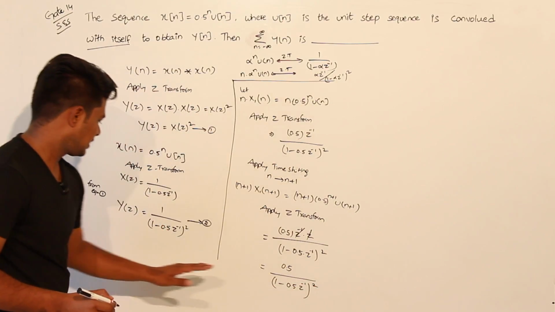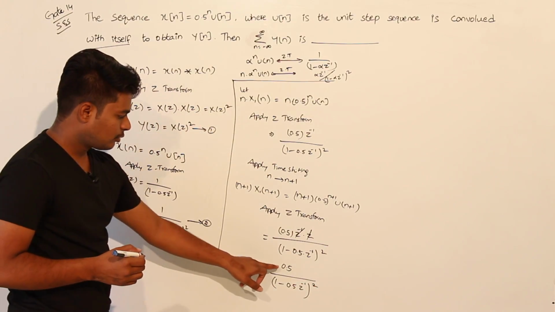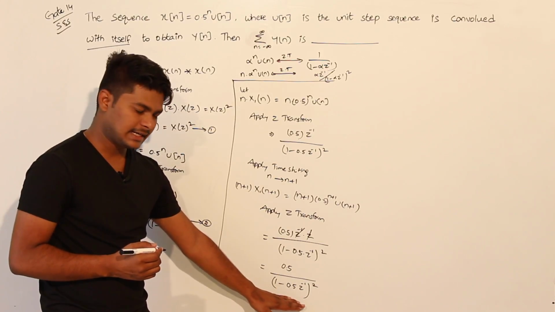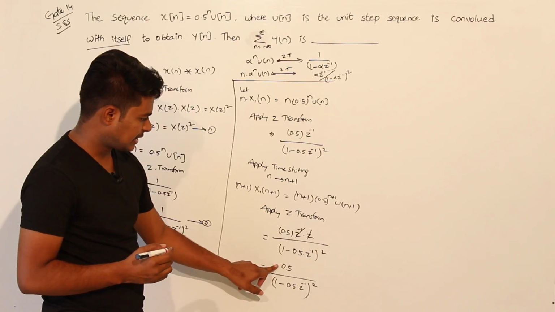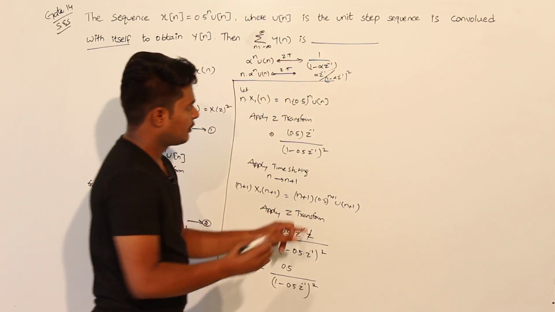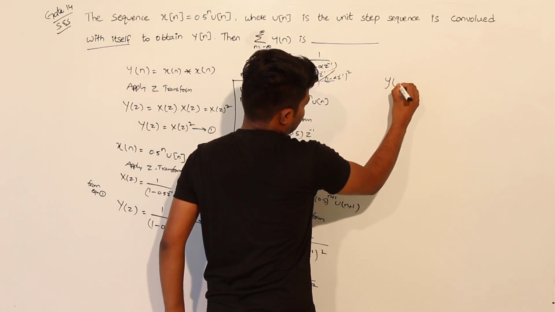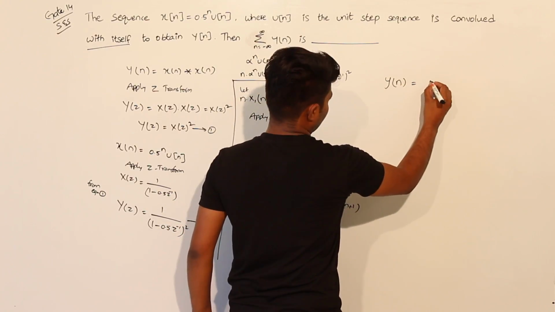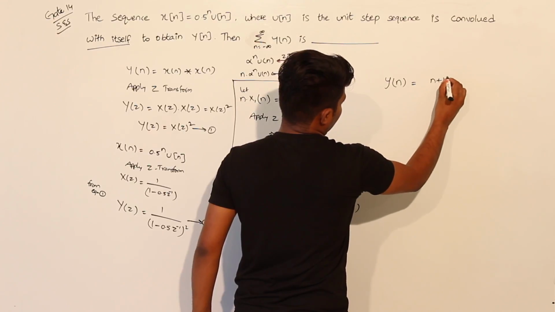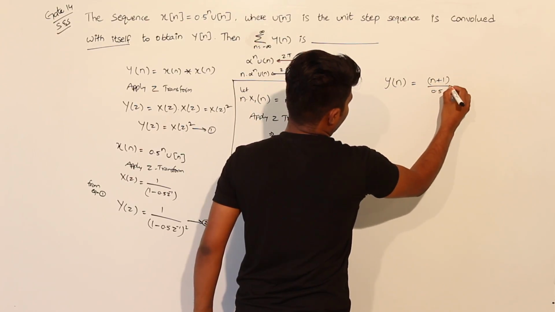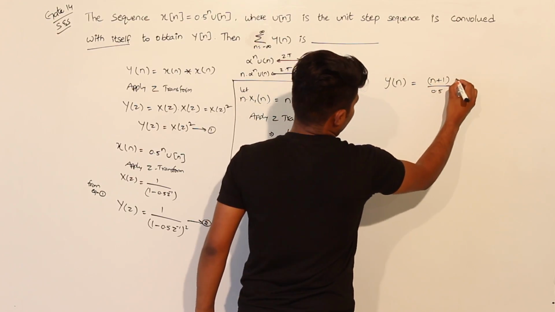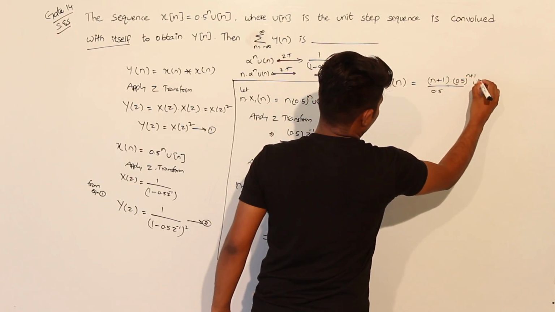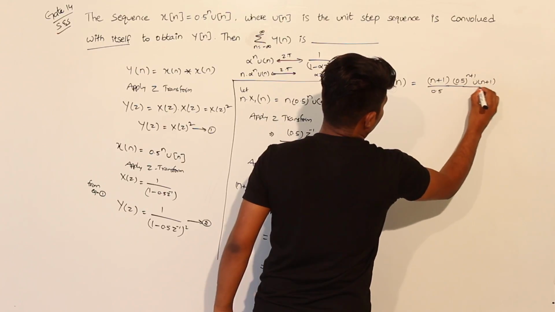If you observe this and this clearly, only in the numerator 0.5 is multiplying Y of z. So 0.5 is sent to this side. So we will get y of n as, this 0.5 goes to the denominator, (n plus 1) by 0.5 into 0.5 power n plus 1 into u of n plus 1.